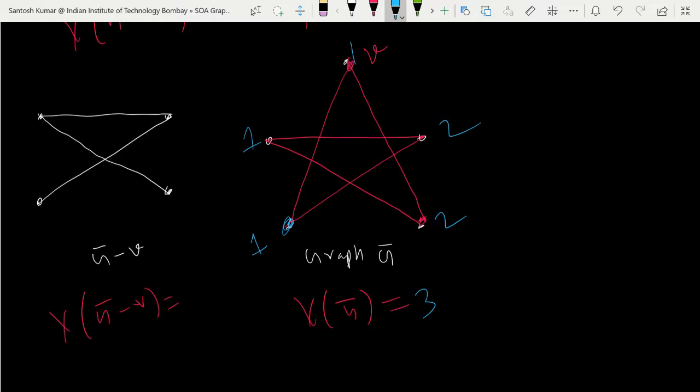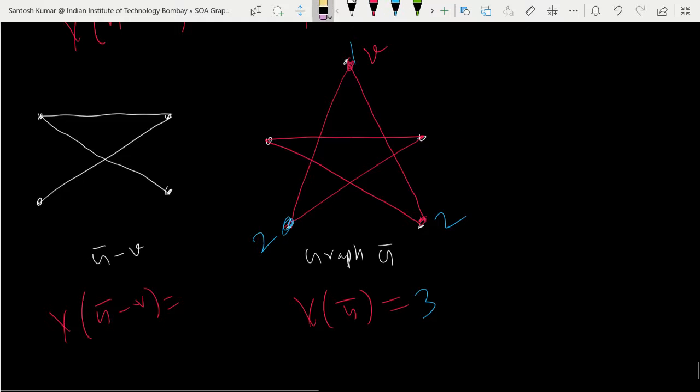Can you now take 1? Is it correct or not? Sir, it's 3. Oh, so where did I make a mistake? Okay, sorry, 1 is joined. So 1, 2, and we can take 2 here.